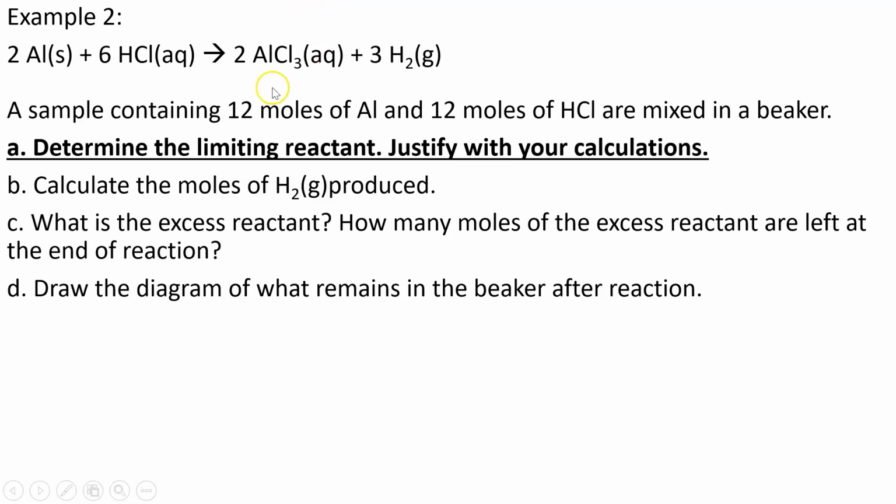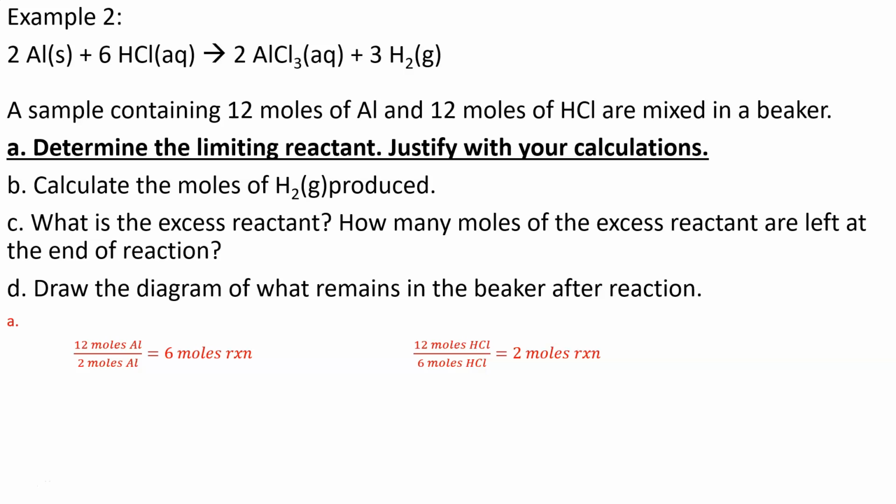So I'm going to do 12 moles of aluminum over 2 moles of aluminum, and I'm going to do 12 moles of HCl over 6 moles of HCl. So when you do 12 over 2, you get 6, and 12 over 6 is 2. Which of those is going to be the limiting reactant? Well, it's the one that makes 2 moles of reaction.